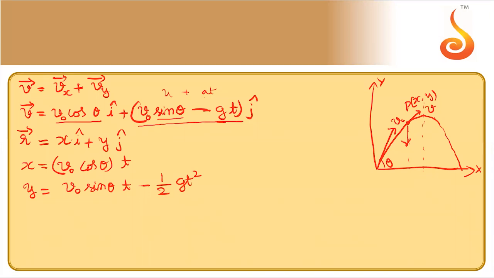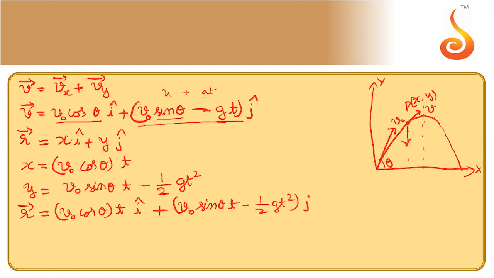So u t minus half g t square. So what will be r? r is equal to v naught cos theta into t into i cap plus v naught sin theta into t minus half g t square into j cap. This should be r. Now we need to find angular momentum.